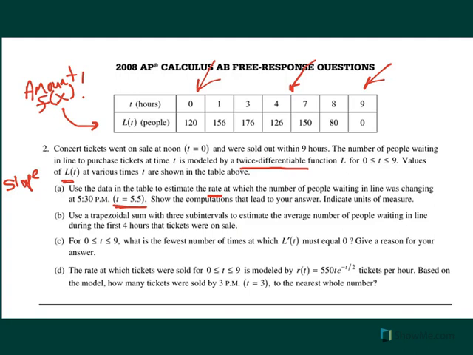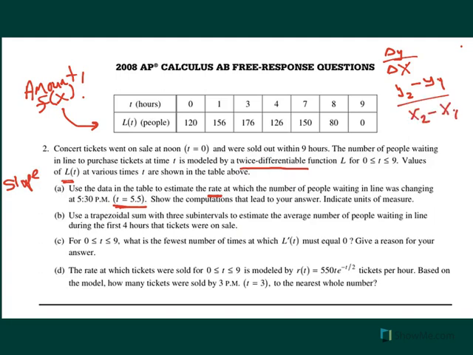Remember, the idea of slope is change in y over change in x. So we're basically looking for delta y over delta x, or basically y2 minus y1 over x2 minus x1.